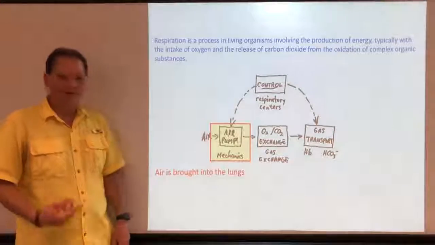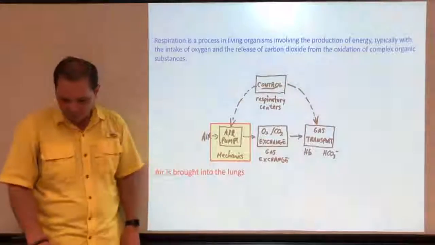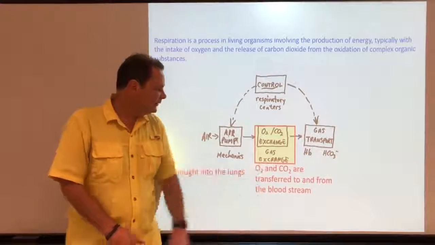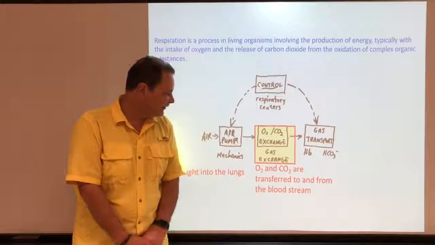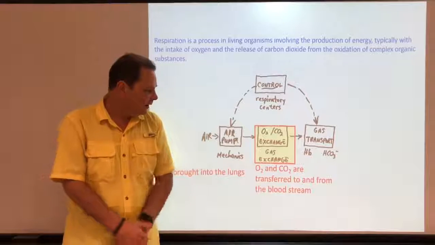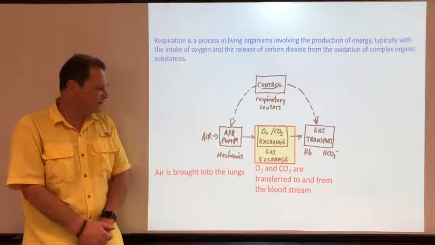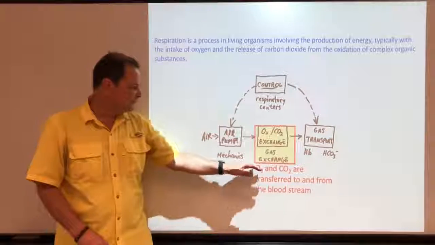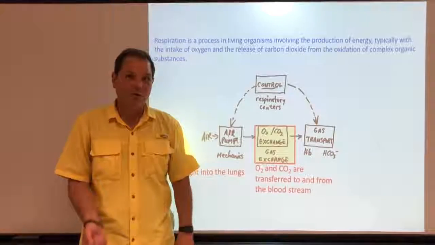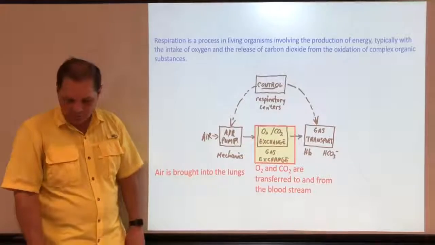And that's how you bring oxygen in and you get rid of carbon dioxide. Once you get the air in, you go through the process of gas exchange. That is the process by which oxygen and carbon dioxide are transferred from the lungs to the bloodstream. Oxygen being transported in, ideally, carbon dioxide being transported out of the blood.